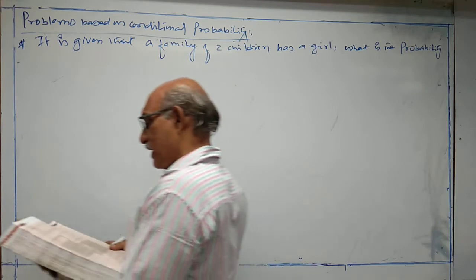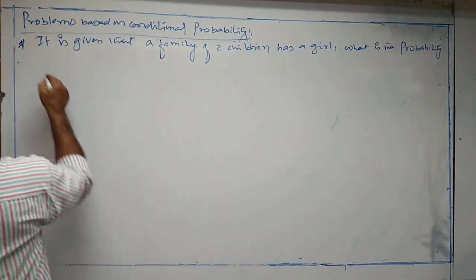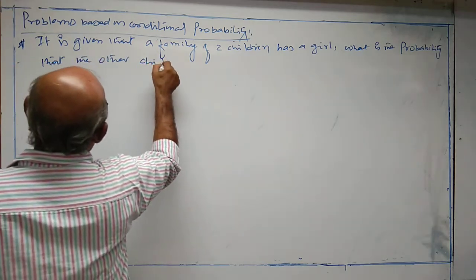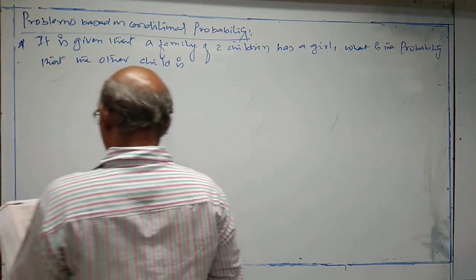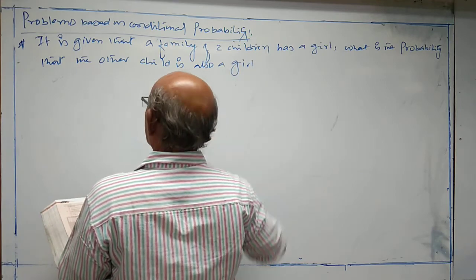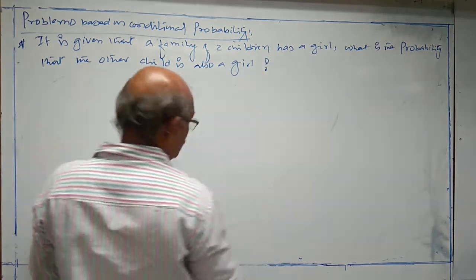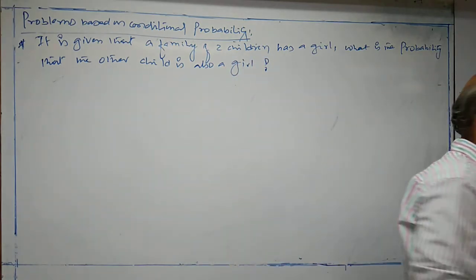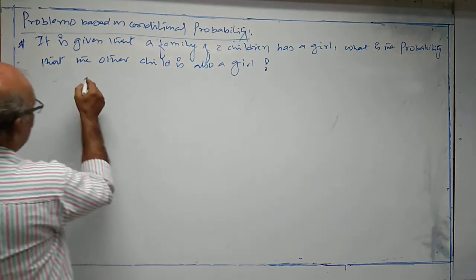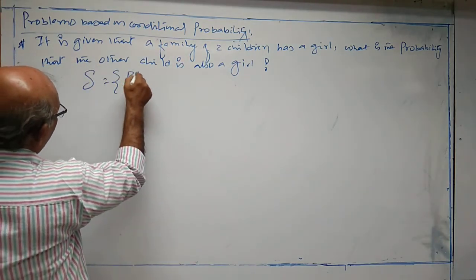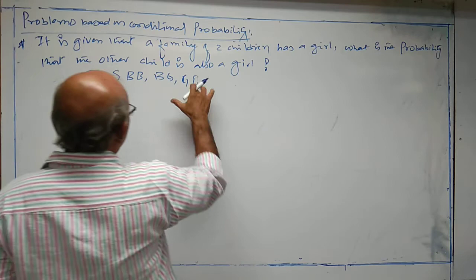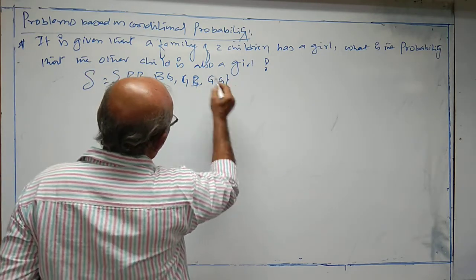What is the probability that the other child is also a girl? Okay. Now, when a family is having two children, let us write: both are boys, or it may be boy girl, girl and boy, and both are girls.